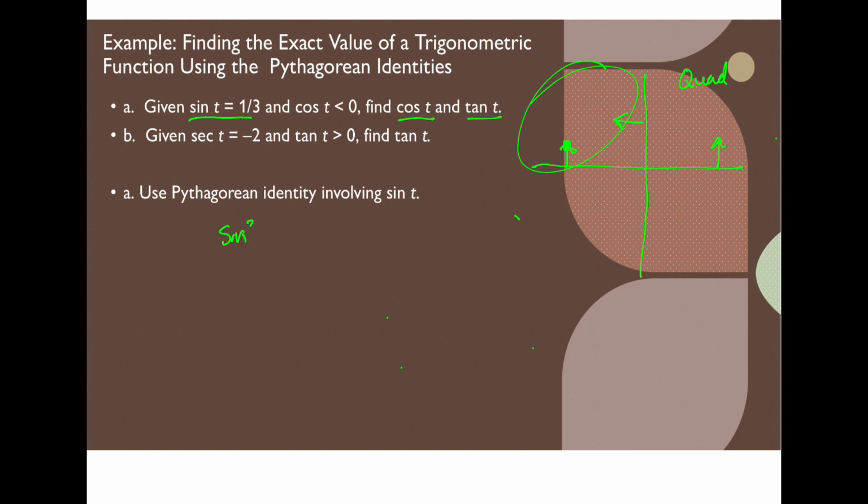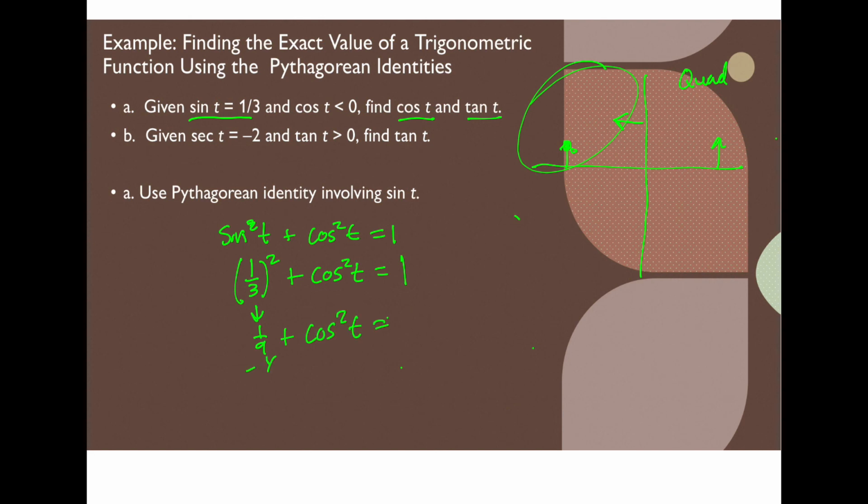Less confusion that way. So sine squared of t plus cosine squared t equals 1. So since sine of t is 1/3, that's 1/3 squared, cosine still unknown, equals 1. So this, of course, is 1/9. So 1/9 plus cosine squared t equals 1.